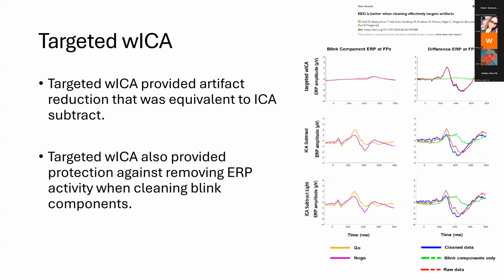It also provided protection against removing the event-related potential activity when cleaning the blink components. So taking the ERPs from epochs that weren't affected by blinks, you can see in the middle on the left side of that figure, the targeted wavelet enhanced ICA method within the blink artifact component contained less of an ERP than the ICA subtract method did.